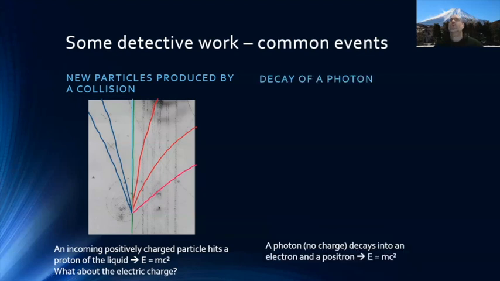Another one, which I don't show you yet, is the decay of a photon. A photon is obviously a neutral particle, but how does a photon decay? Into which two particles? Any ideas?